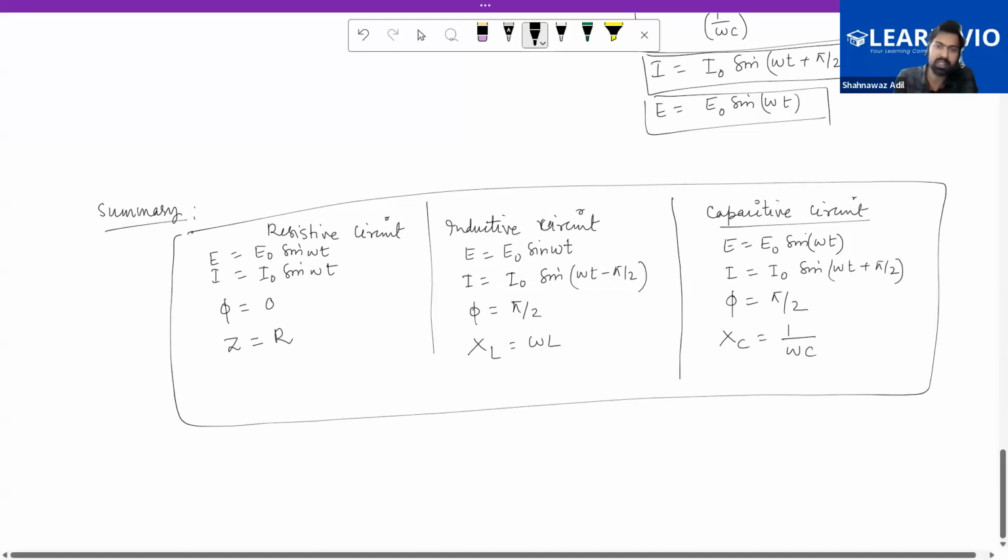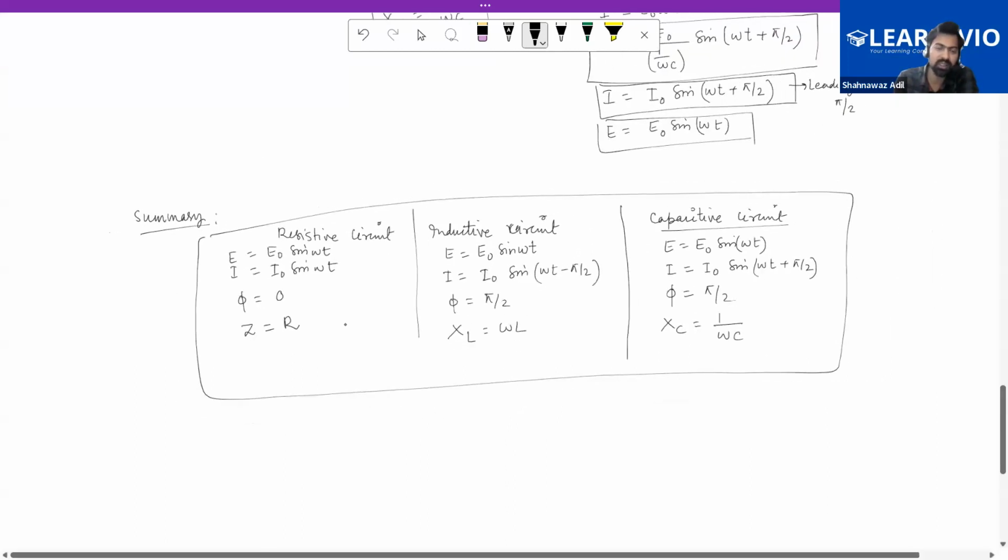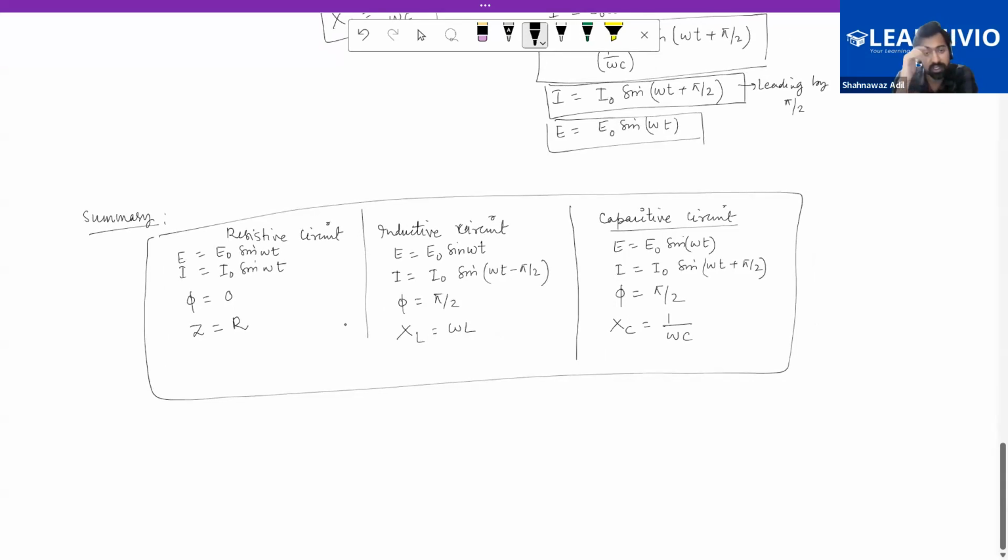And now we will combine this, right? So just quickly note down this thing, guys, and then we will talk about the combination of this circuit. Whenever you have noted, just give me a sign. So only this thing you have to remember. No derivation is required. If you remember these things, then you can solve the questions, right?